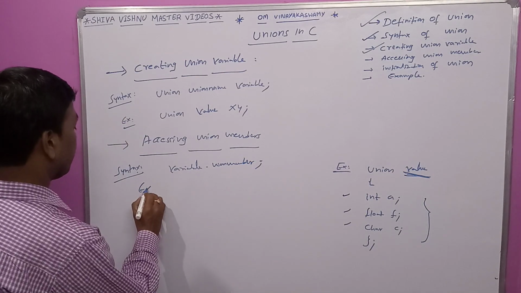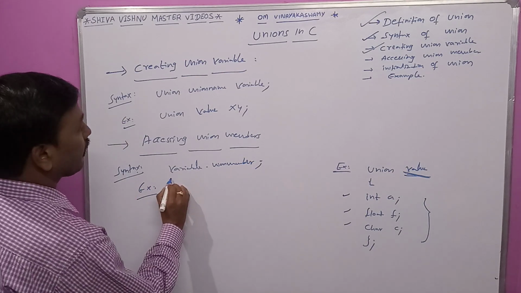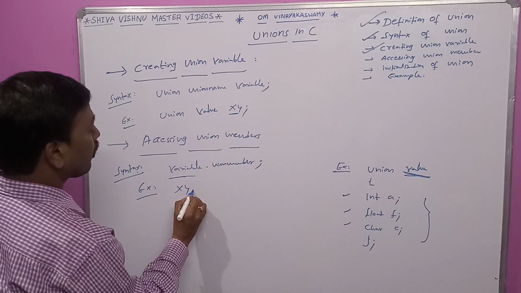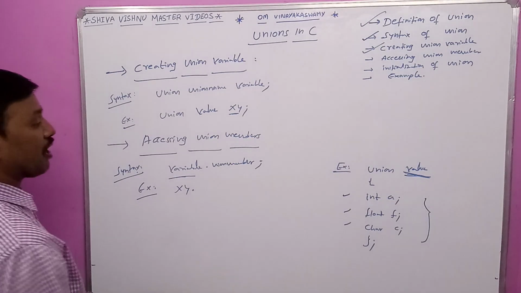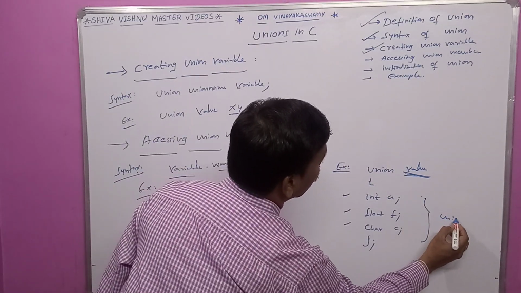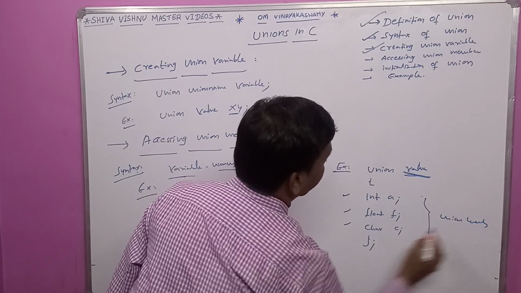For example, xy is a variable, then the dot operator, and you must have a union member. Here a, f, c are all the union members.